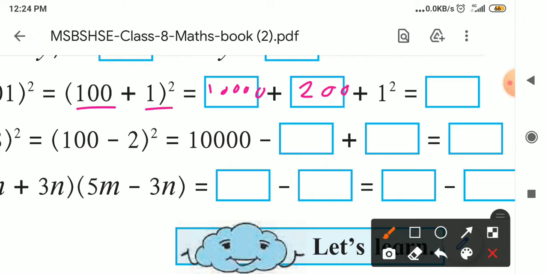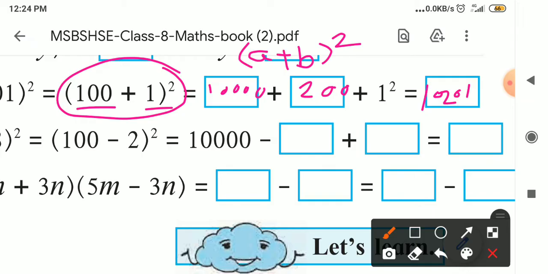So if you solve this, you will get 10,201, which is the square of 101. So to find the square, we use the factorization formula of (a plus b) bracket square to solve the example. Understand?